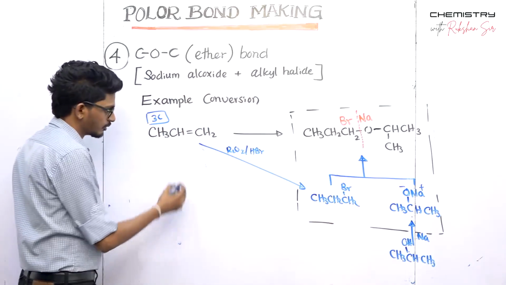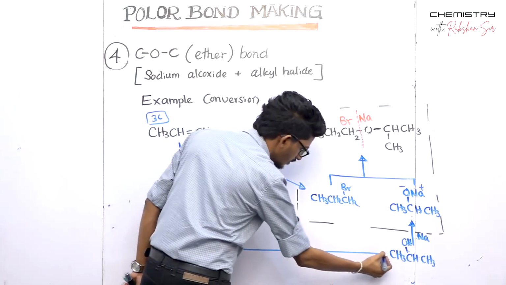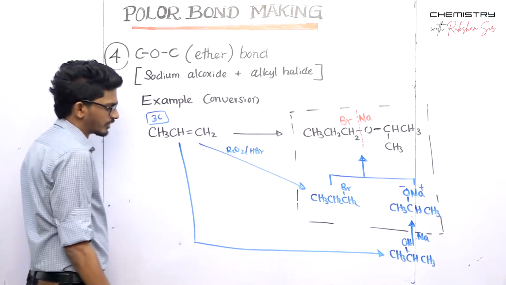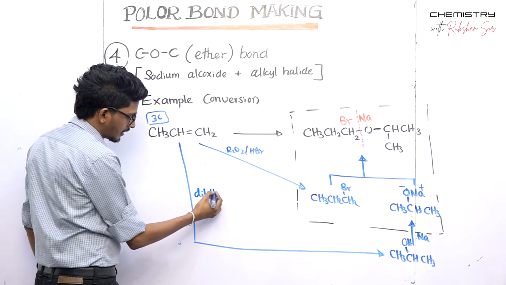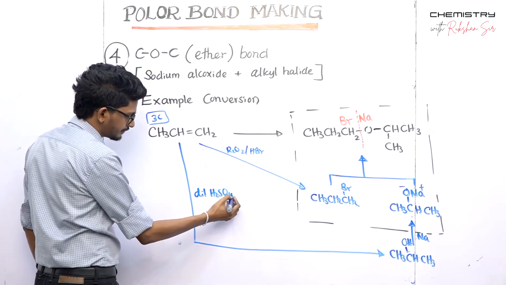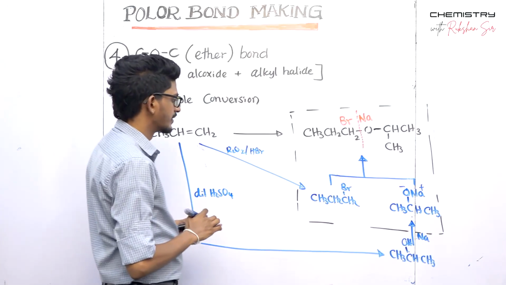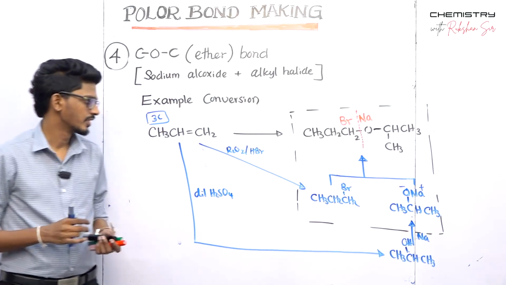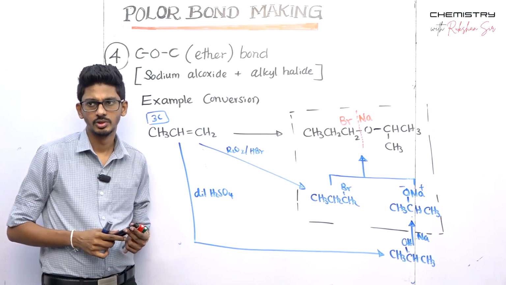So Markovnikov addition, this is the Markovnikov addition of H2O. So you can use dilute H2SO4. That's it. Very simple conversions. The polar bond makings are very simple, not that hard.